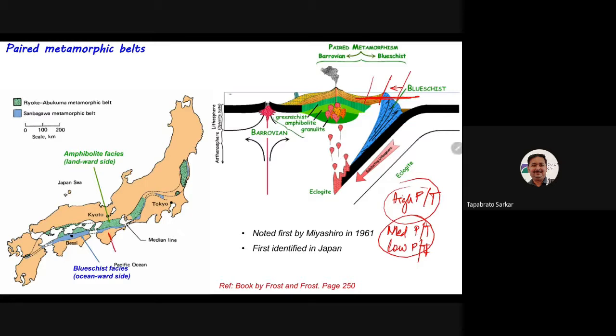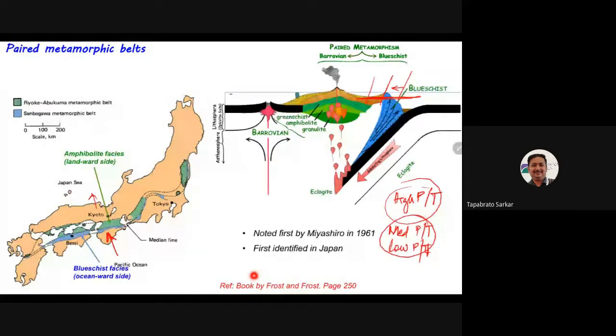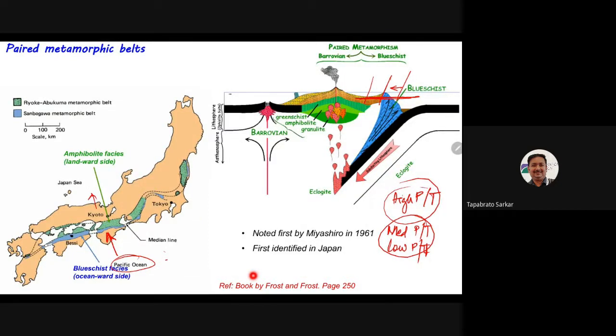So if you look at this, this is the ocean and this way is the land, which means that the subduction is taking place from the ocean towards the land. If you look at the tectonic plates, you'll see that this is the Pacific plate, Pacific Ocean. This is the Pacific plate, which is getting subducted below the other plate and forming the arc, which is actually Japan.